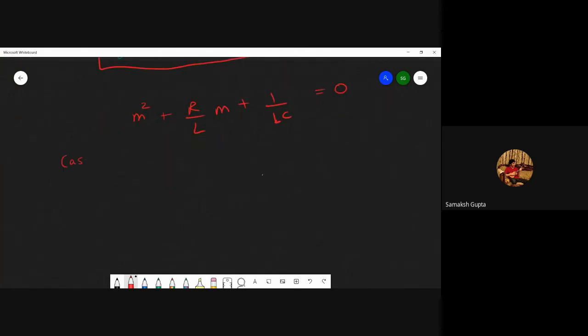Case 1 is that m1 and m2 are both real and unequal. Okay. So if this is the case, can someone tell what it will mean in terms of R by L and 1 over LC if they're both real and unequal?